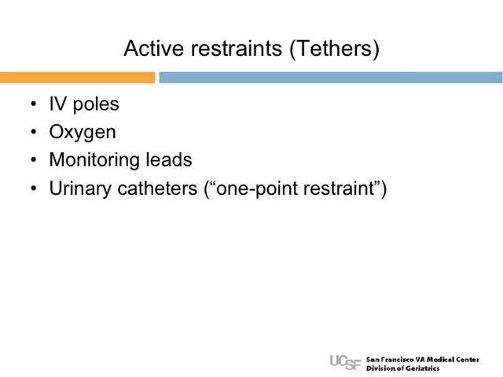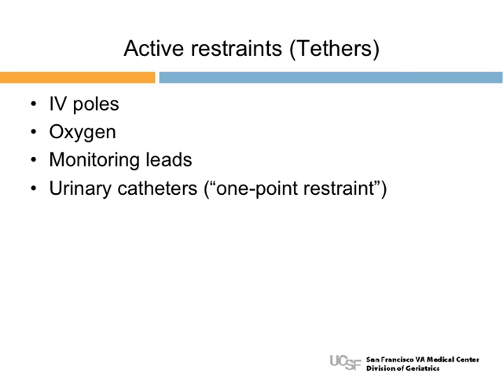This is a vexing problem. So why is it that patients are so inactive in the hospital? Part of this is that we actively restrain them or give them tethers. Earlier in my training, restraining patients was a really big problem.